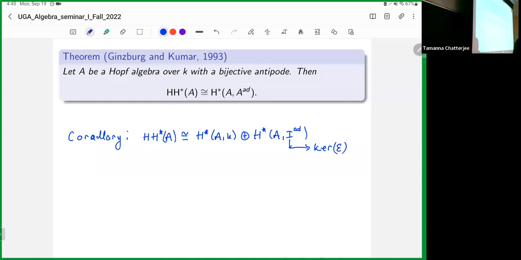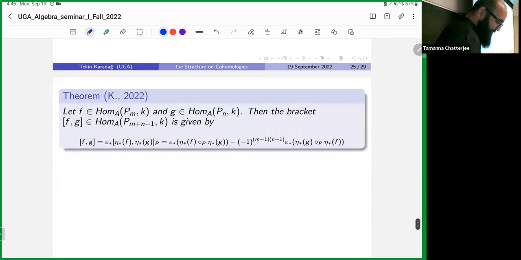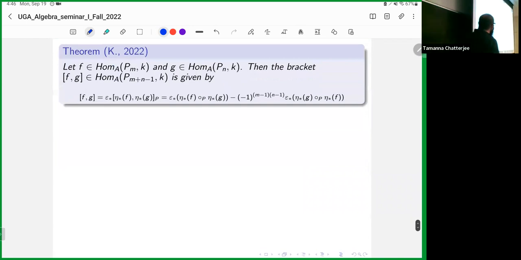That is one of many corollaries from this material. So that way we can embed Hopf algebra cohomology, and by using that embedding and isomorphism, I will not go to the details because the full formula was a little bit ugly.